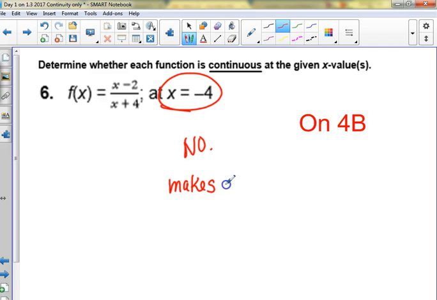I think this was supposed to be like a semicolon. At -4, no, it's not continuous because it makes the denominator 0. Are you okay with that? Can I talk about this?